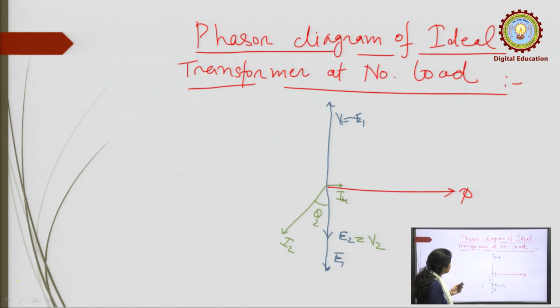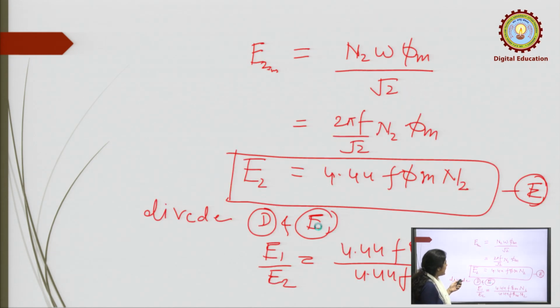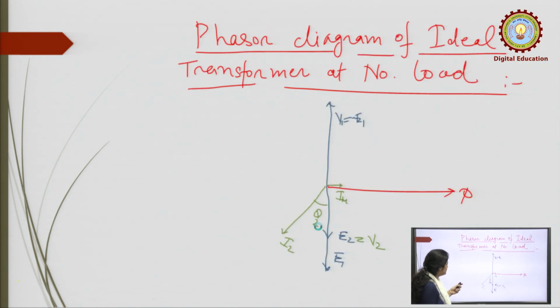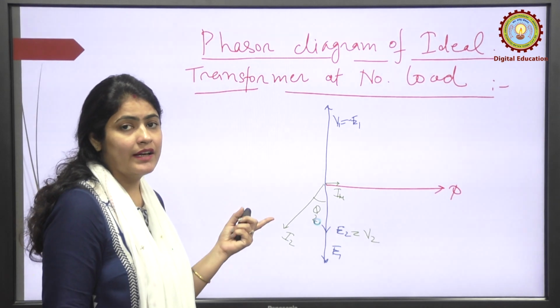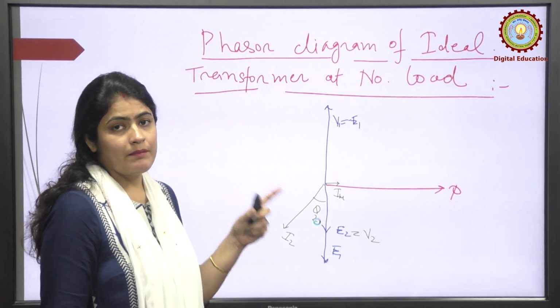Now, as we have seen, as the switch is closed, the I2 current flows in the secondary winding, and to nullify this, the same current is produced in the primary side so that it creates the same MMF.